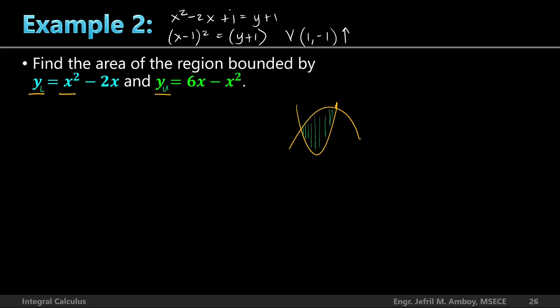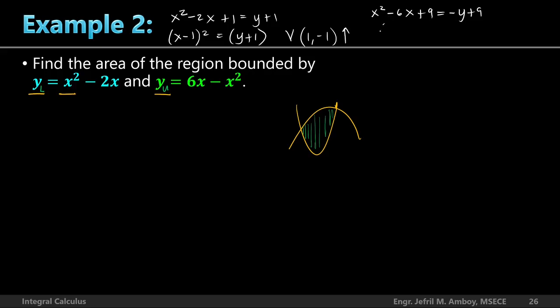Yung pangalawang parabola naman, ito ilipat ko dun ha. So, gawin ko siyang positive x squared, tapos minus 6x. Saka ako mag-completing the square. X squared minus 6x. So, kalahati ng negative 6 is negative 3 squared is positive 9 equals, ito ililipat ko, gagawin kong negative y siya. Tapos magdadagdag ako ng 9. So, complete na yung square natin, di ba?